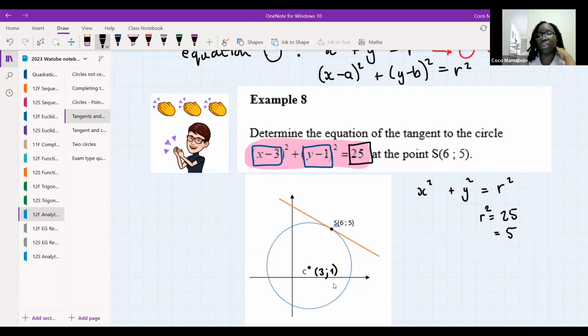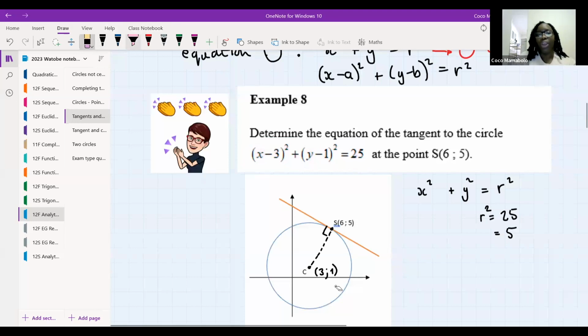Now if I draw this line this way, I'm going to have a right-angled triangle, because we said that if a tangent touches the circle, then the line from the center to the point of tangency gives us a 90-degree angle. I want us to note something very important, and I hope you will write this down.